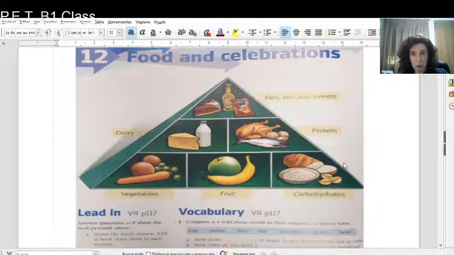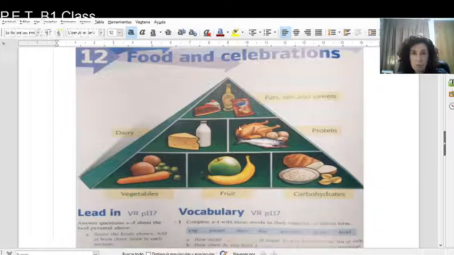Very good. This is the food pyramid. At the top, we have the unhealthy fats, oils, and sweets. Then here we have dairy products like cheese or milk, lactose. Then here we have fish, potatoes. Is it potatoes? I don't know.